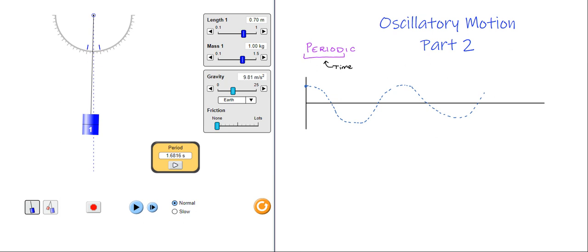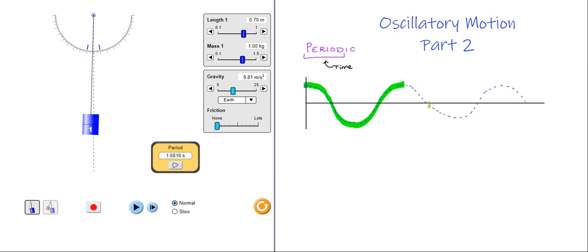Now, what we see here is there's two different perspectives that we can look at this. We can map out from the maximum amplitude through equilibrium to the other amplitude, and then back through equilibrium back to where it started, and we can call that one complete cycle.